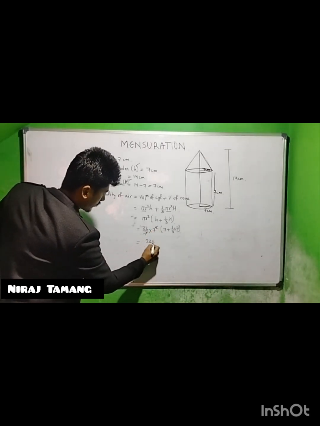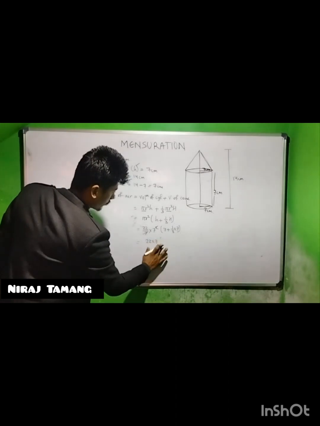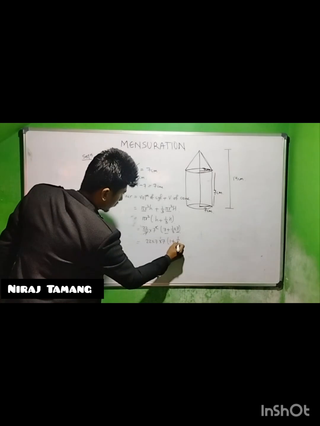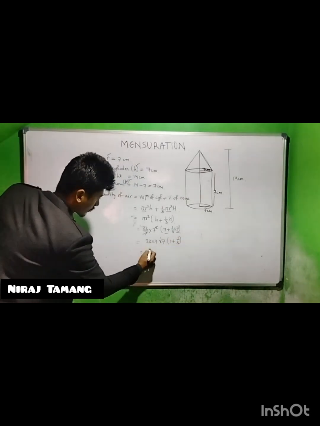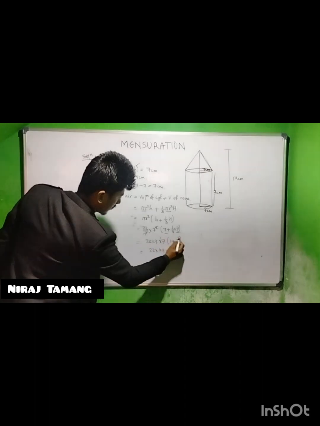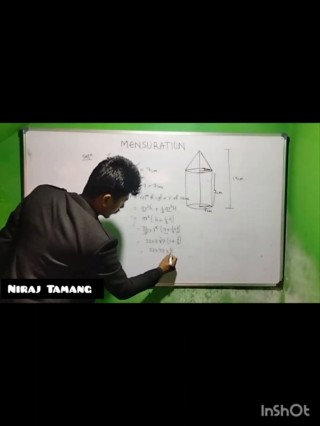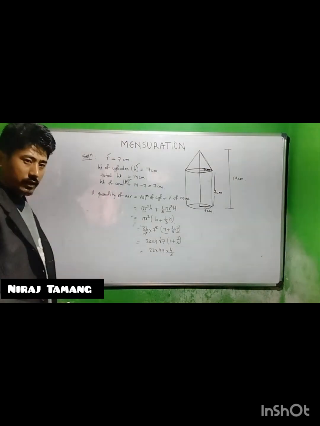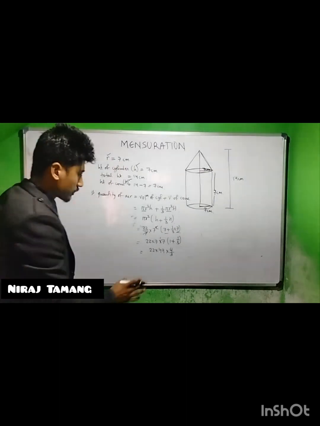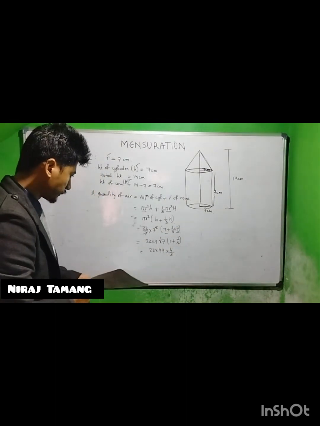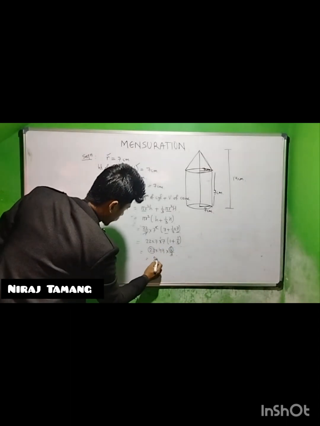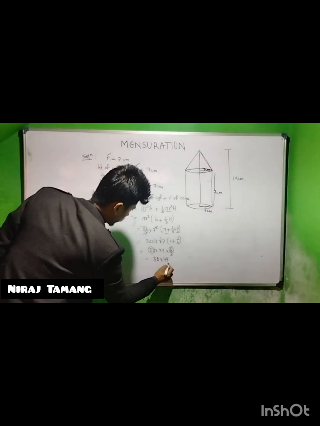So we have 22 into 7, and if we take 7 common from here, I'll get 1 plus 1/3 only. So it is 22 into 49 into, if we do the LCM, 4/3. Now these numbers cannot be cancelled by 3, so I'll just multiply all the numbers. So 22 and 4 is 88 into 49/3.